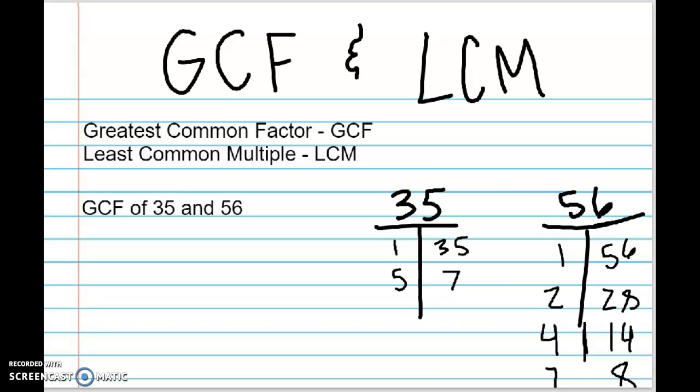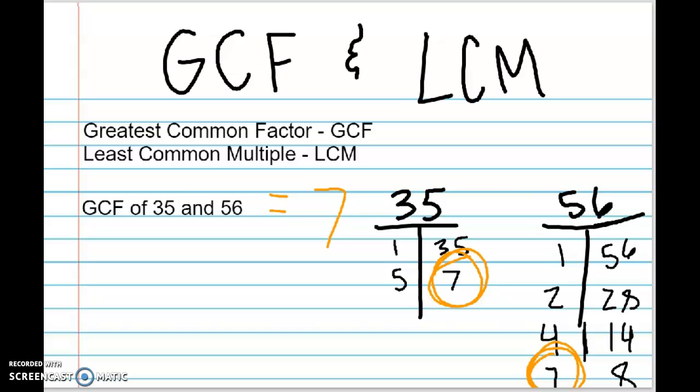The biggest one? You probably see it. It's 7. 7 here and 7 here. So they both have a 7 as their factors. So the greatest common factor of 35 and 56 equals 7.